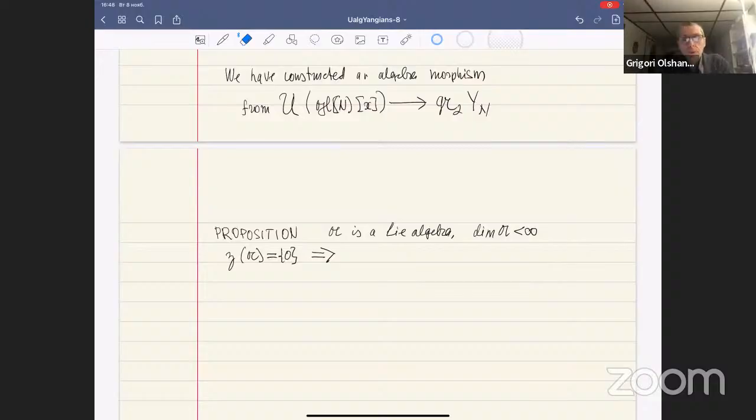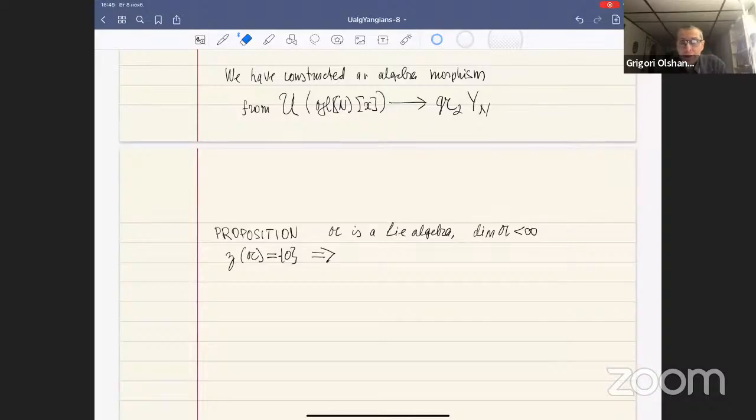I need the Poincaré-Birkhoff-Witt theorem for the Yangian. It says that there is a basis of the Yangian which consists of ordered monomials. We can choose some linear order on the generators, and then we know by the PBW theorem for the Yangian that the ordered monomials are linearly independent.